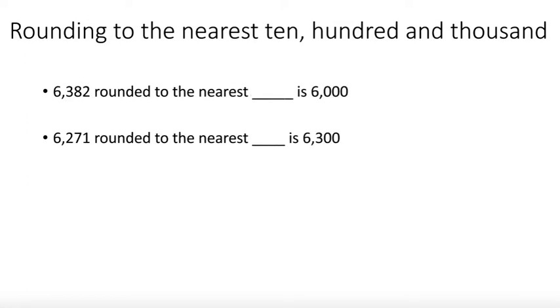In session 2 of rounding numbers, we were figuring out what a number was rounded by. So we've got 6,382, rounded to the nearest what is 6,000, and 6,271, rounded to the nearest what is 6,300. Pause for a moment to work those out and we'll look at the answers together.